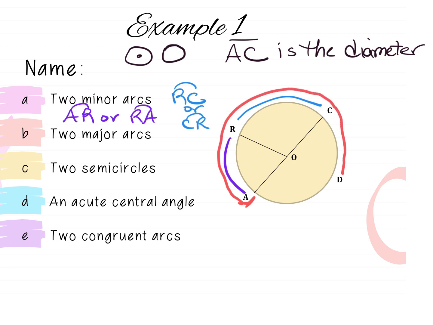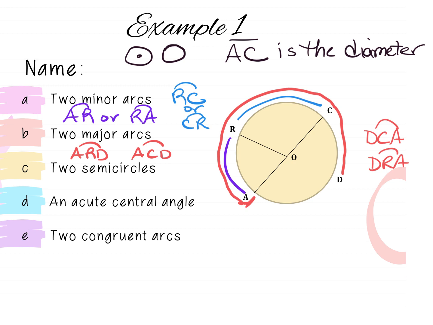And then if I need to go more than half, I could stop at D. So a major arc could be ARD, or if you wanted to say it's ACD, or you could go in reverse as well. You could have also called this DCA or DRA.